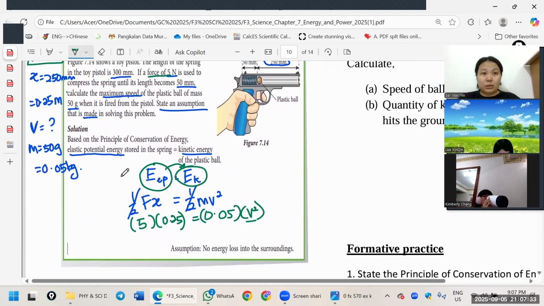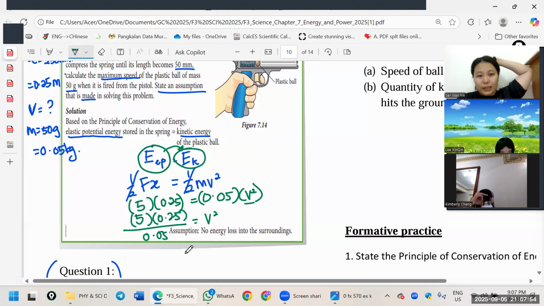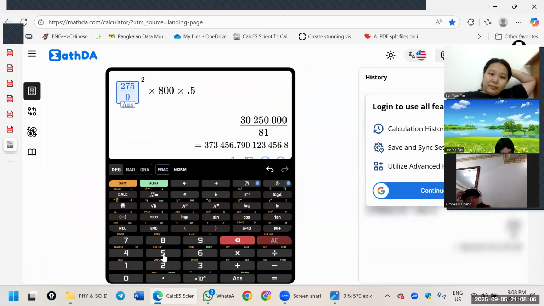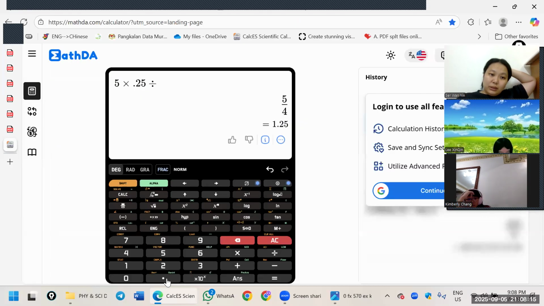Okay, so now next what you do, linear equation. So Kimberly, what do we do next here? Move the 0.05 down. Yes, very good. Equals to v squared, so v equals to square root left, square root right, then write the left side, so it is 5 times 0.25 divided by 0.05.